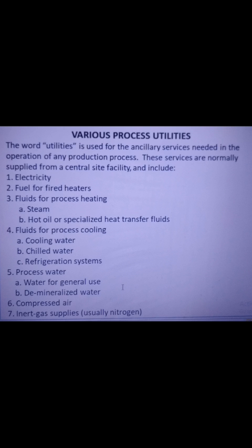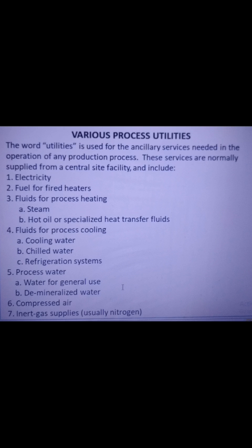Now I will tell about the inert gas supplies, usually nitrogen. Where a large quantity of inert gas is required for the inert blanketing of tanks and for purging, this will usually be supplied from a central facility.